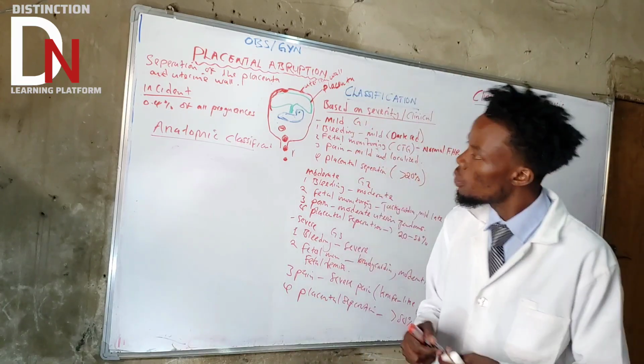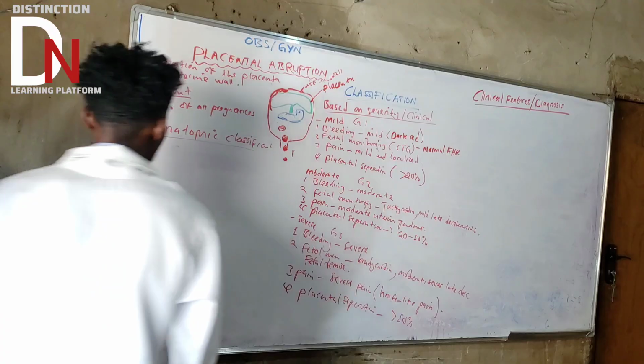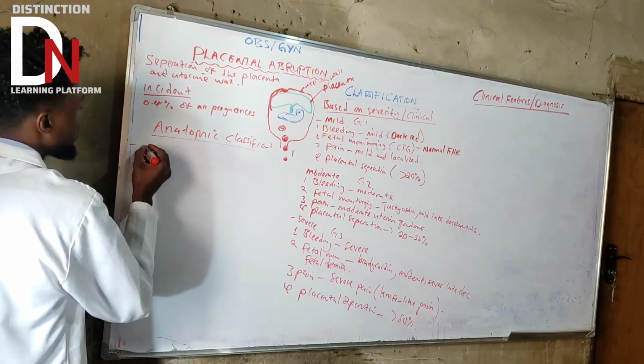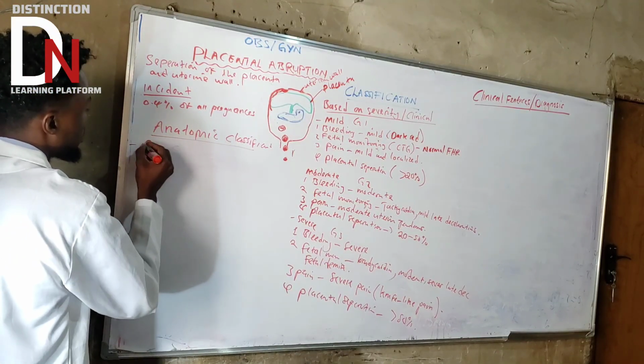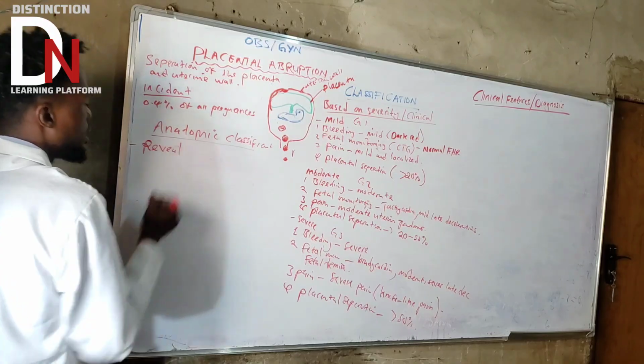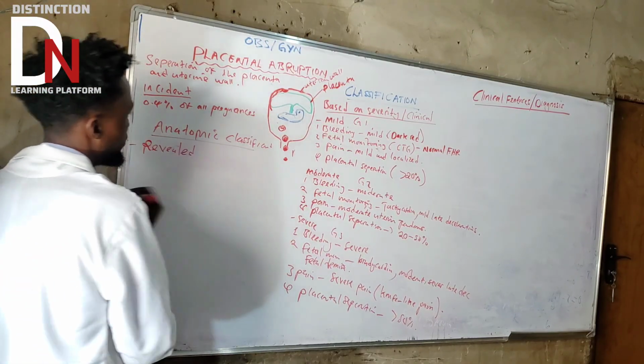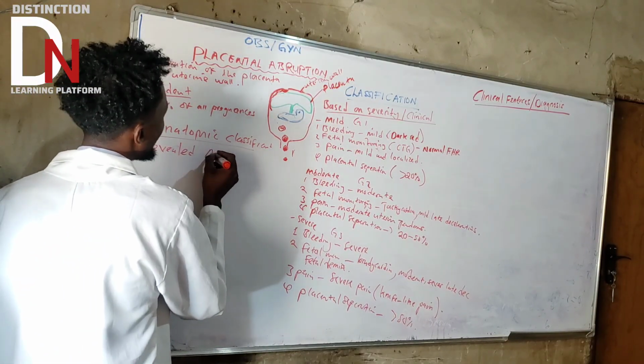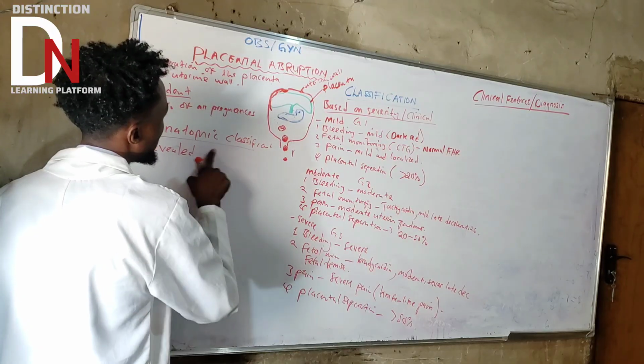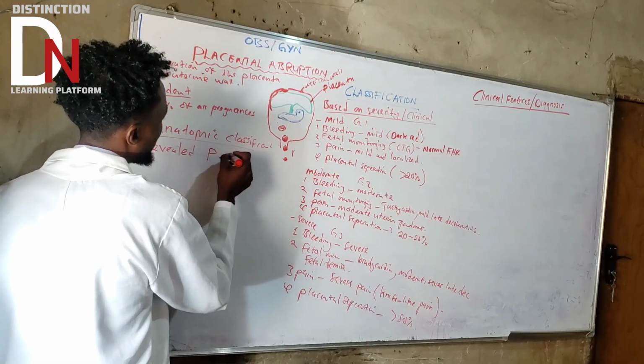Basically here there are just 3 types of anatomic classification. What is the first one? Let's start with a simpler one. Let's start with what we call revealed abruptio placenta. Let's just say PA.